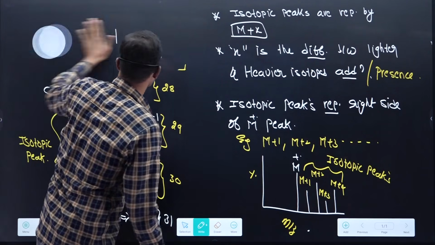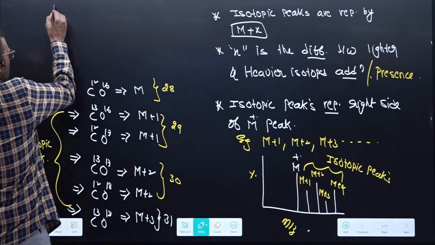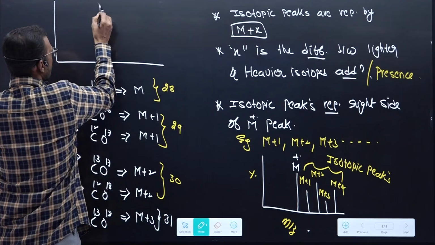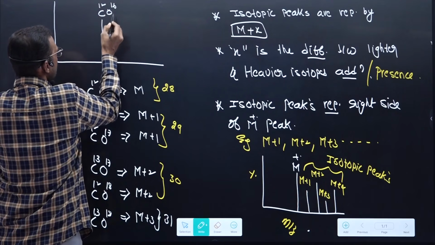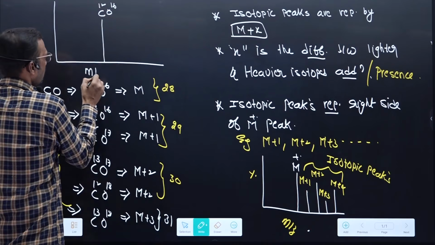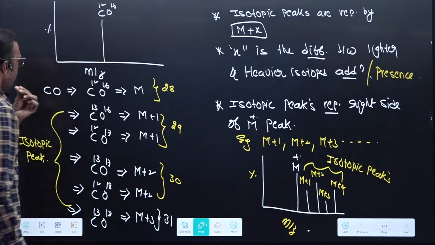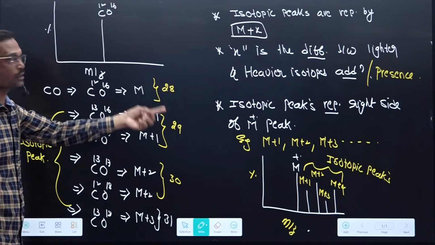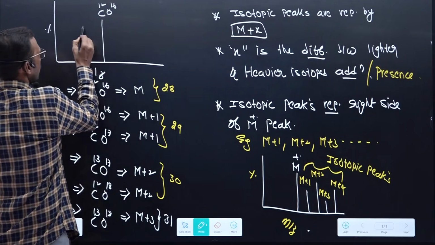Suppose I give one example, carbon monoxide. If I take carbon monoxide, the molecular ion with the lighter isotopes is C12 O16. This is your molecular ion, CO, with its percentage of intensity. This is the 28 peak.